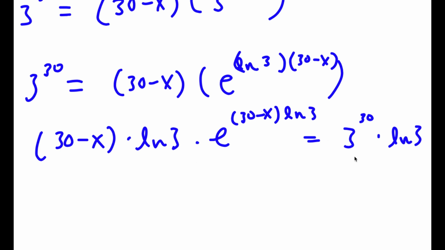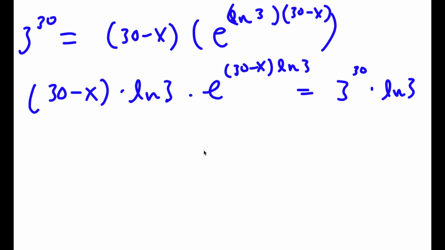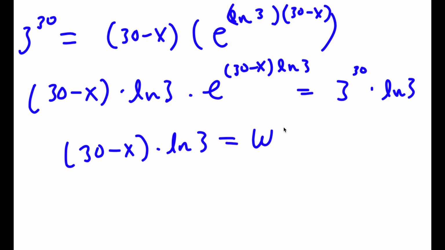I multiply both sides by ln 3. Now this can be written as (30 minus x) times ln 3 is equal to the W Lambert function of 3 to the power of 30 times ln 3.